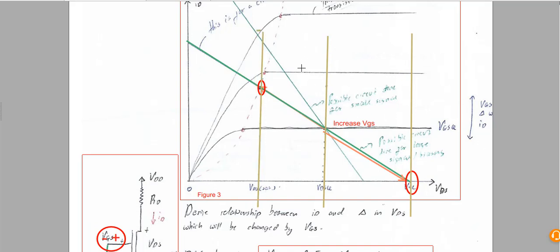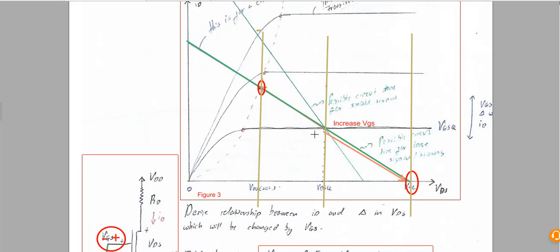This actually tells us a little bit more about our circuit. Our change in ID looks almost linear because of the linearity of VGS down there. And the relationship between ID and VDS is linear because of the equation on the side.